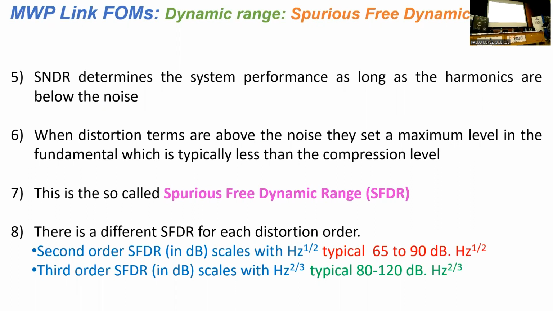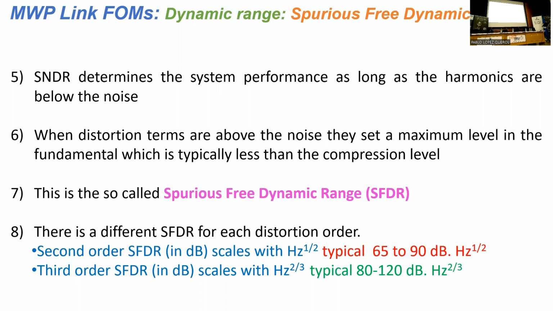So basically what you will see in the literature is that this separation between the second order distortion and the fundamental is usually measured in dB per square root of Hertz, while when it is third order, this is dB per Hertz to the 2/3, and the typical values are these that I show here. This is what you will find in the standard.